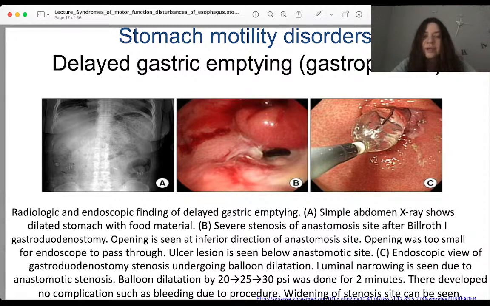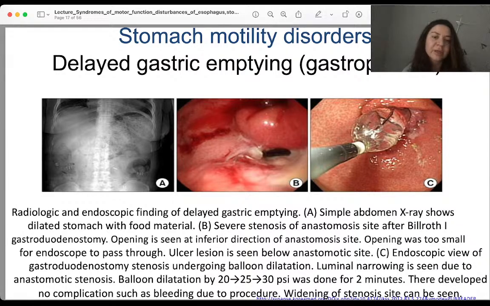And picture C, here you can see a treatment for this situation. It is an endoscopic view of gastroduodenostomy stenosis undergoing balloon dilatation. If the place is so narrow that we can't even go through with a catheter, we can use a balloon to widen it.